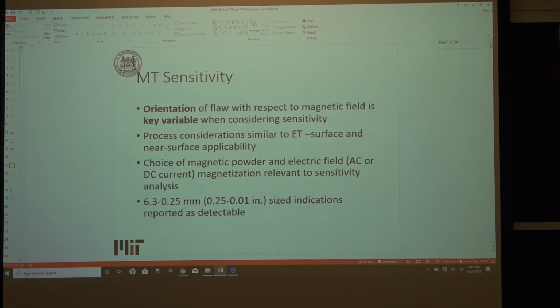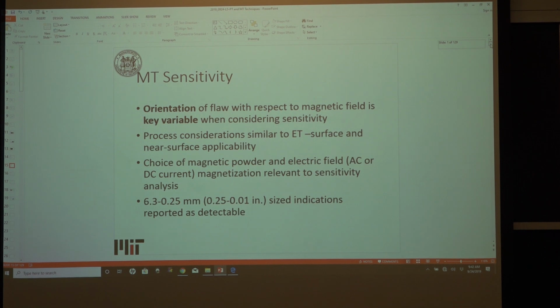If a flaw is not aligned perpendicular to the magnetic field, it can be a missed indication. That's why oftentimes in the field, they will do the magnetic particle testing at 0, 90, and 180 degrees, and sometimes at plus or minus 45, just to ensure that the orientation of the field is not a reason why they're missing indications in the sample.